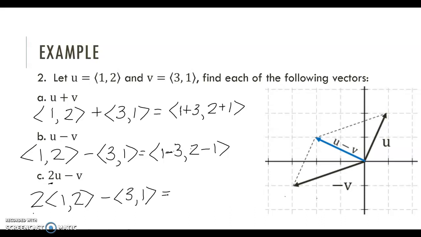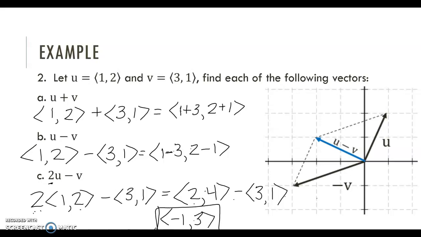We need to multiply before we subtract. So scalar multiplication, 2 times 1 gives me 2. 2 times 2 gives me 4. And then I'm still subtracting the 3, 1. And skipping a couple steps here, 2 minus 3 gives me a -1. 4 minus 1 gives me a 3. So -1, 3 would be your final vector there.